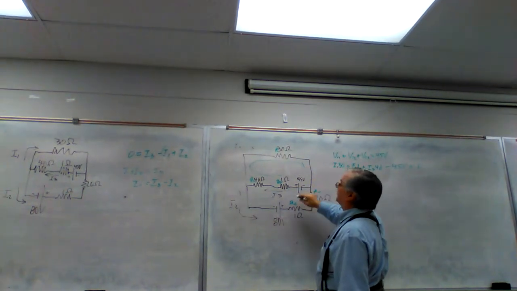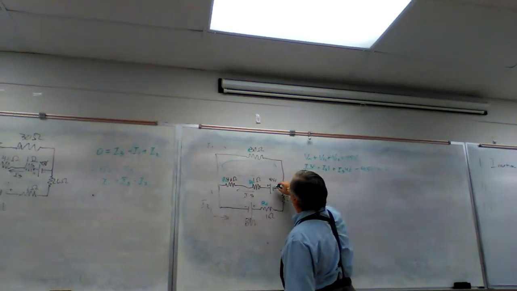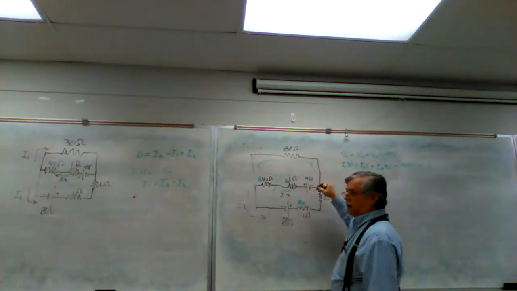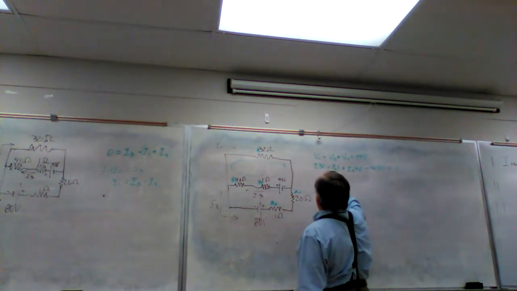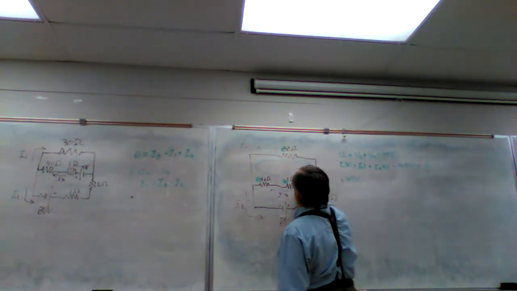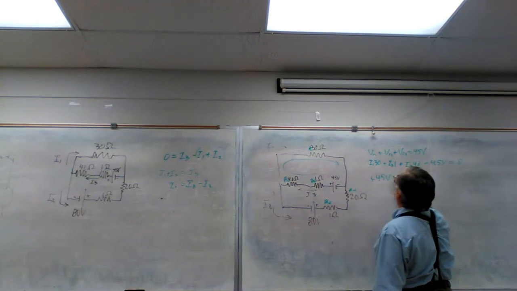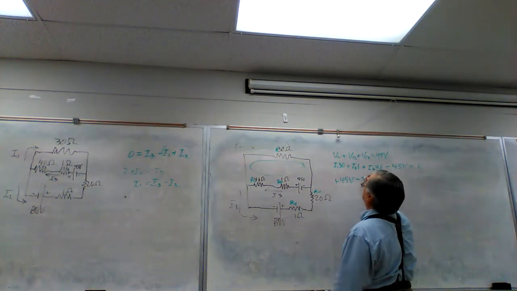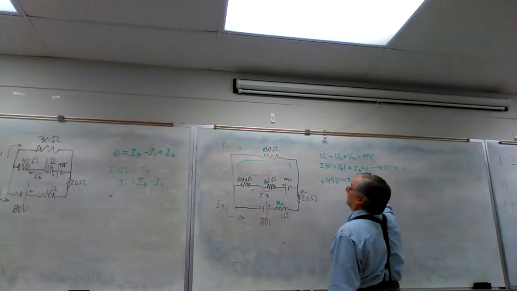They're using positive charge flow, so a positive charge going from here to here is going up in potential, so that would be plus 45 volts to go across here. Now it's going from this higher potential to a lower potential, so it's minus I3 times 1 ohm.